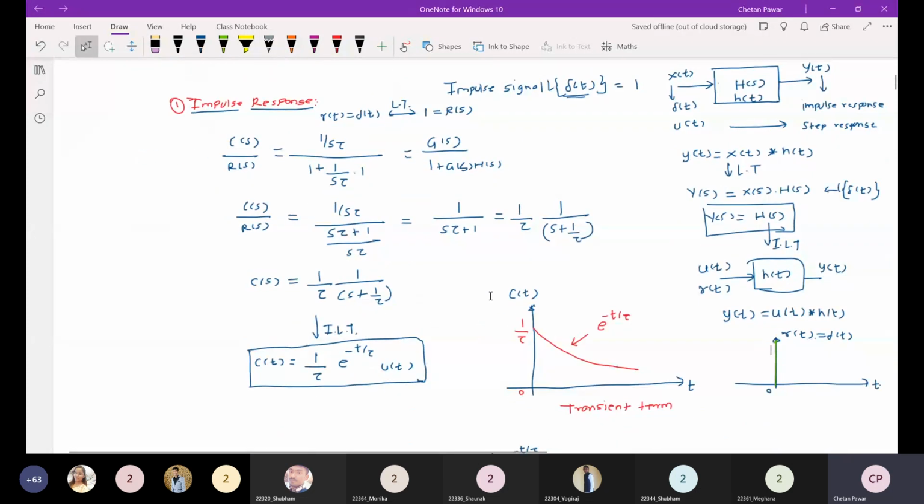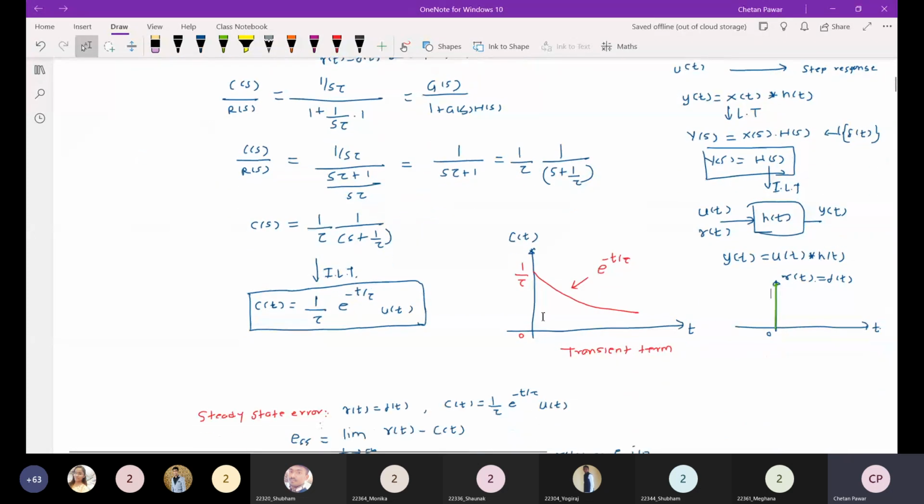Now, why do we find out the impulse response? Now I got this impulse response of the system. So now I know what the impulse response of the system is. So if I want to calculate the unit step response, what will be the output of my system when I apply a step signal, or when I apply a ramp signal, or when I apply the sinusoidal signal.